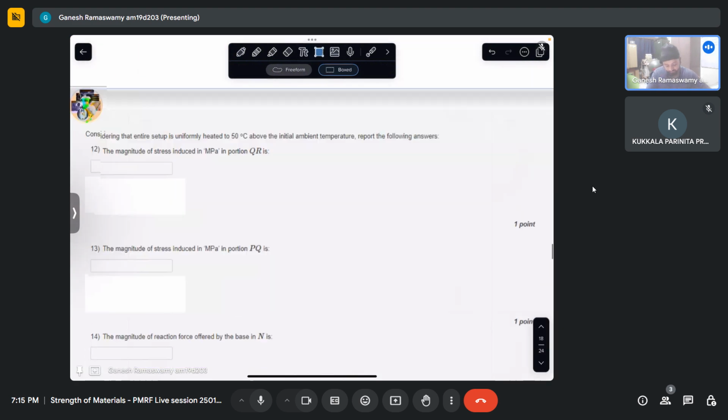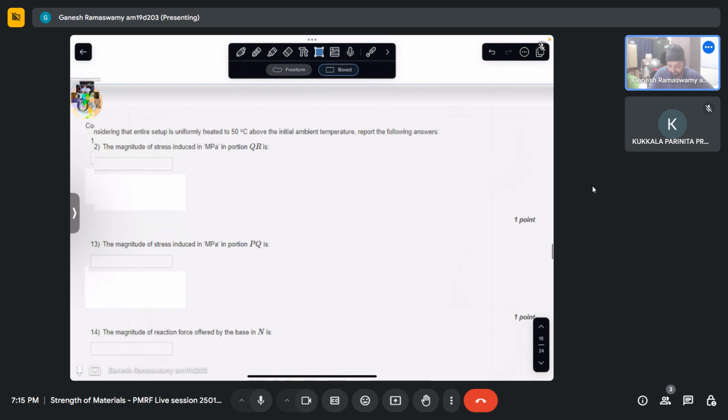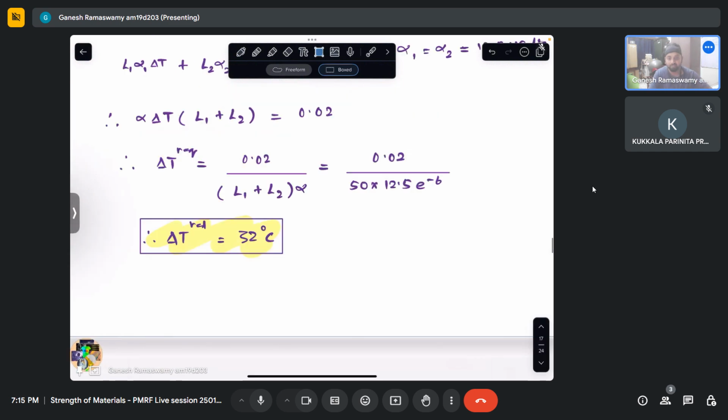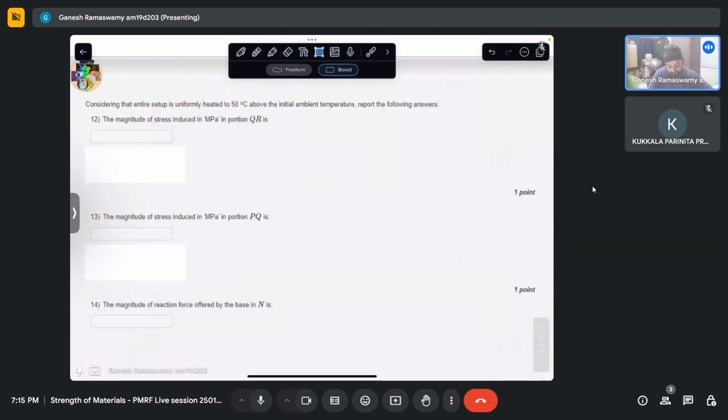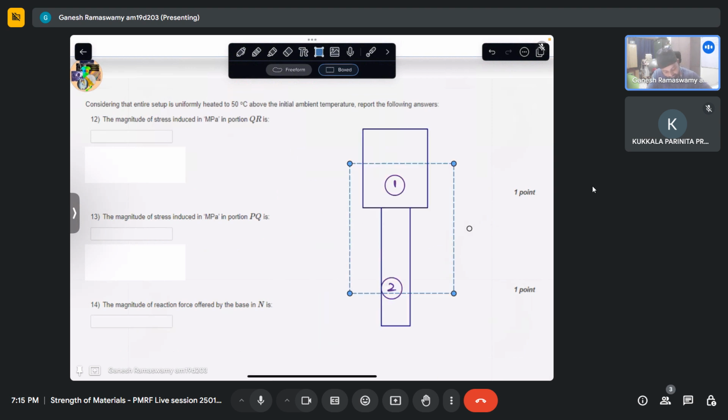So now the next part asks, considering that the entire setup is uniformly heated by 50 degrees above its initial ambient temperature, whatever it was, we have heated it to 50 degrees instead of 32. 32 is when the gap will close. So we have heated it till 50 degrees. What are the stresses induced? So in such a case, what will happen?